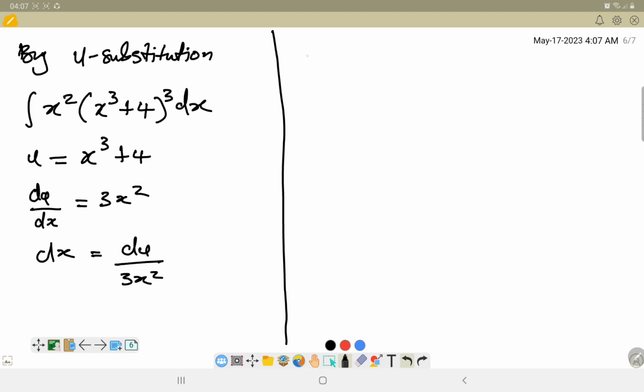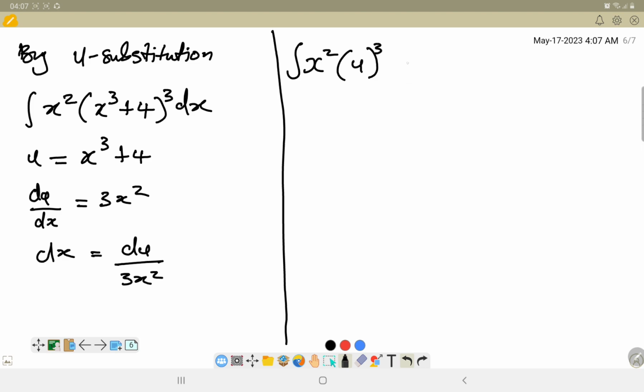So what we need to do is go and replace and rearrange our problem. So the integral is still there, x squared is still there. What we need to do is to replace u. So we put u here instead of writing x to the power 3 plus 4. It's u to the power 3.